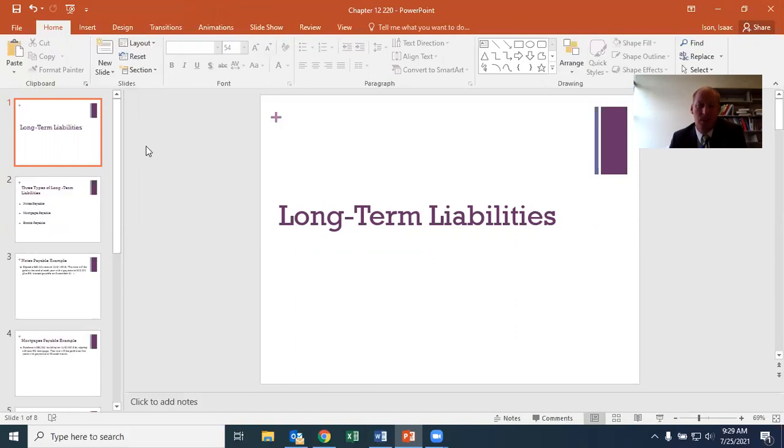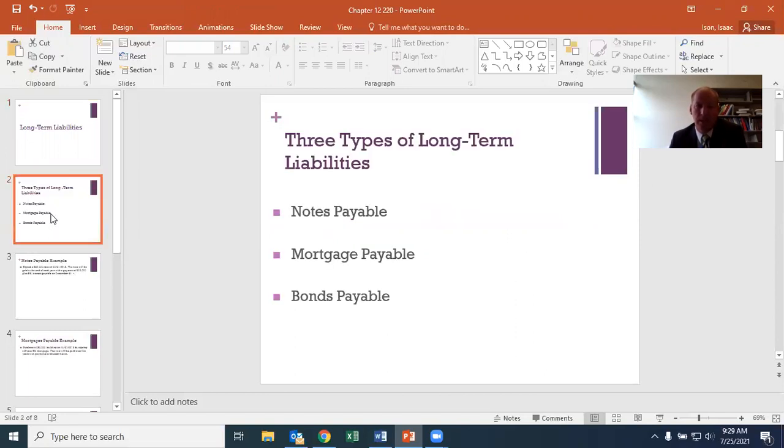So the focus of the chapter is 3 different types of long-term liabilities, okay? And the only real difference between them is when we pay the principal and when we pay the interest, okay?